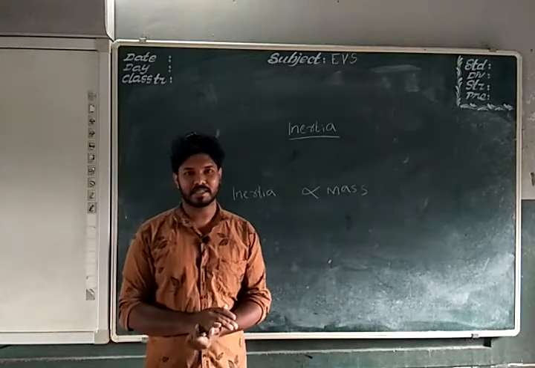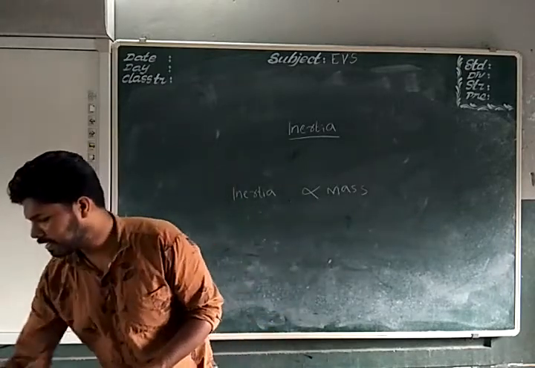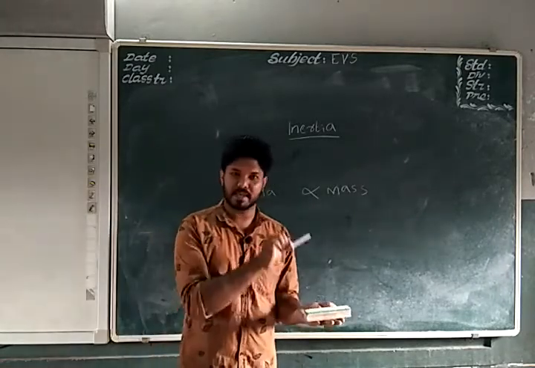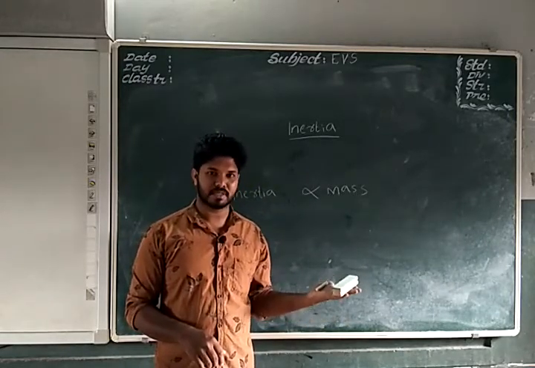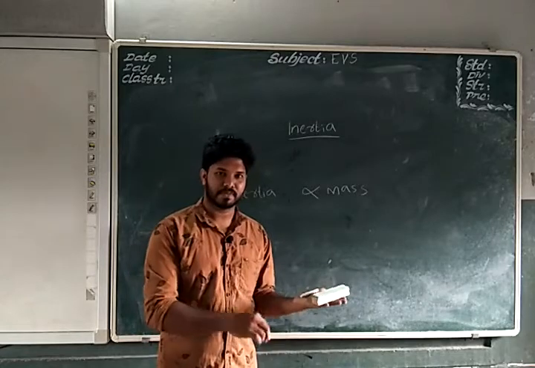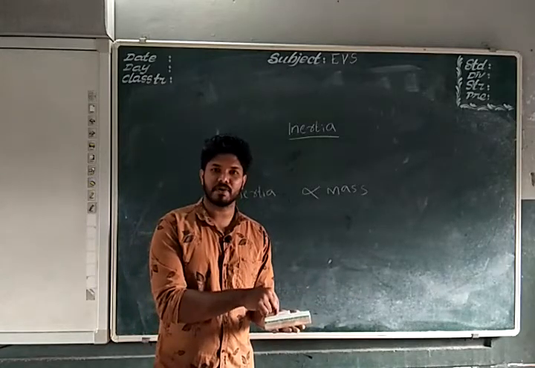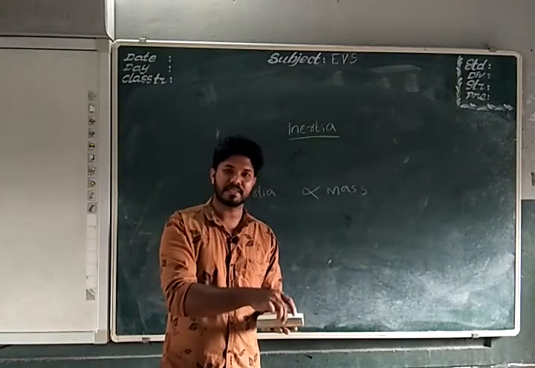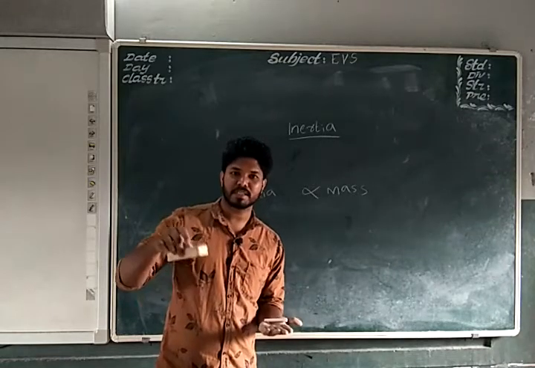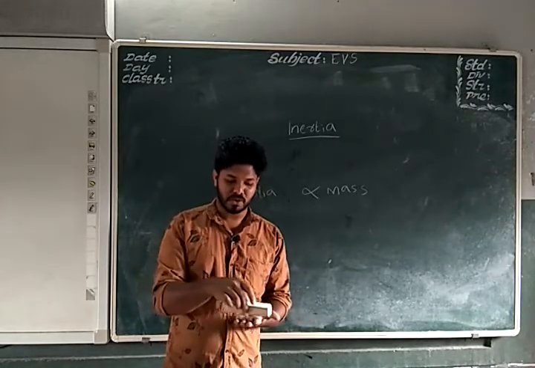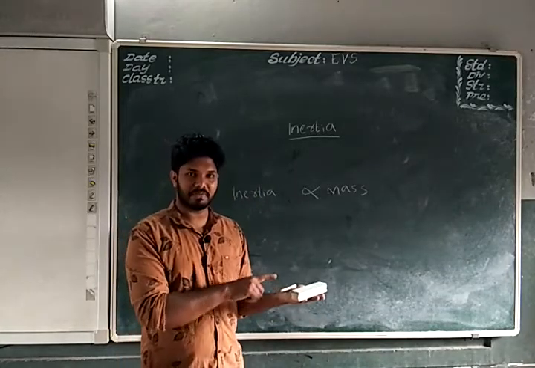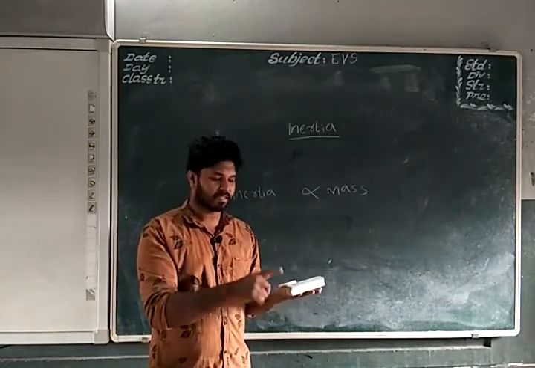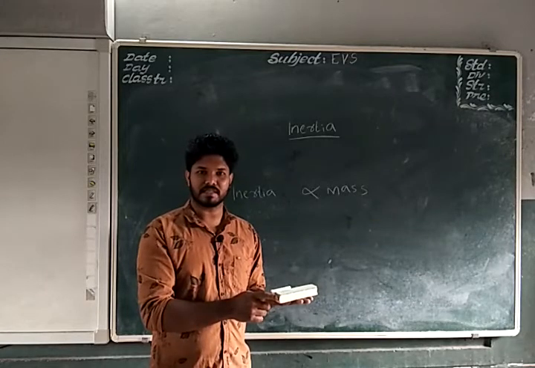Let me give another example. See, I have a duster and a chalk. Two examples, a duster and a chalk. It's easier for me to take this chalk than taking this duster because the duster is heavier. So the inability or the inertia of this chalk will be lesser than the inertia of this duster.